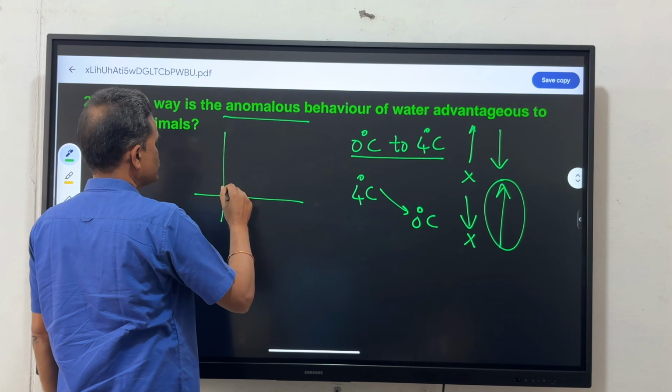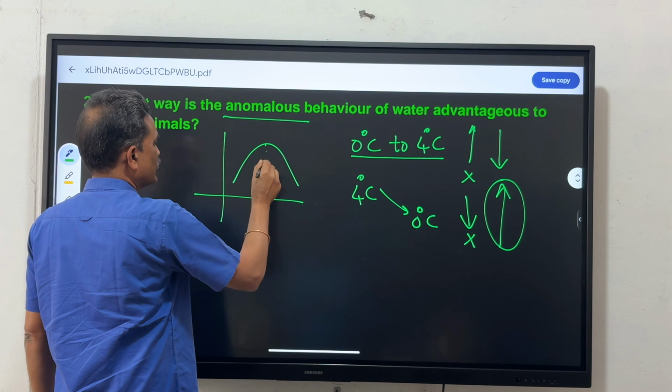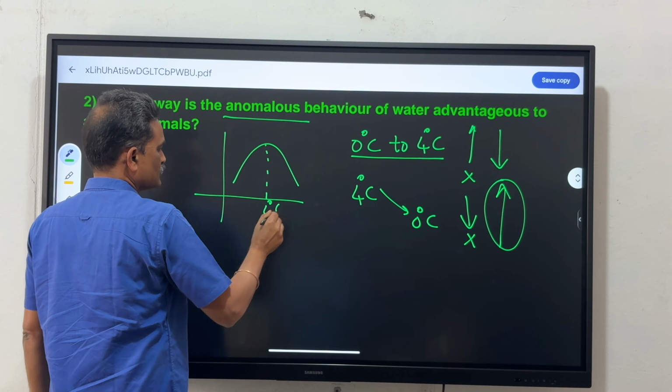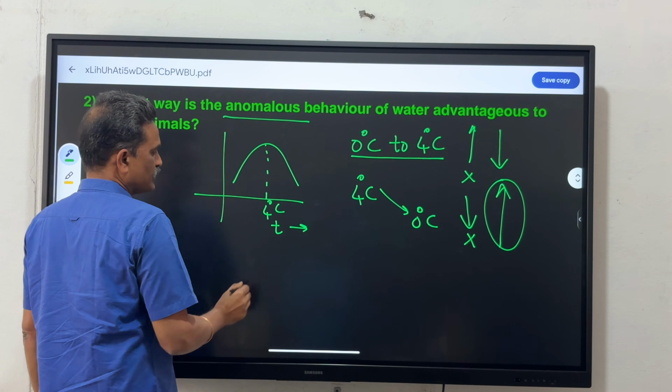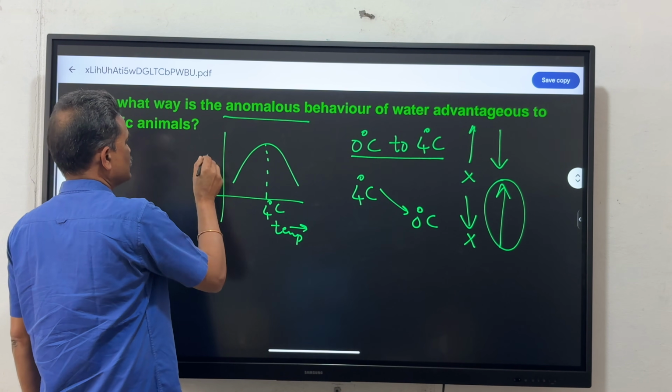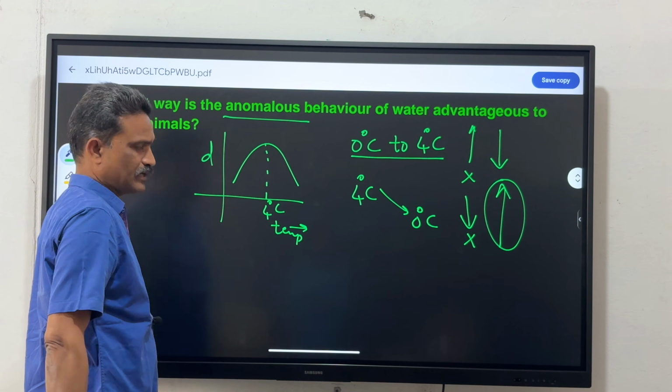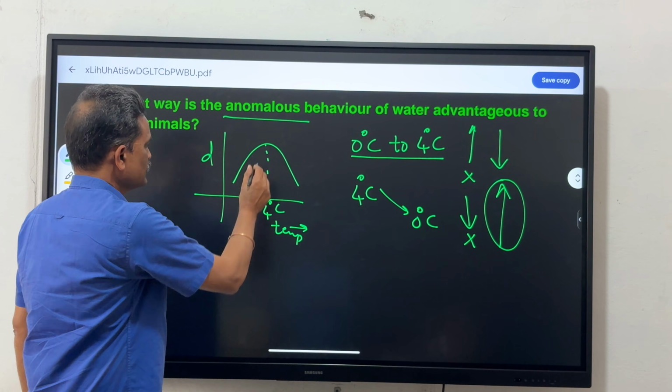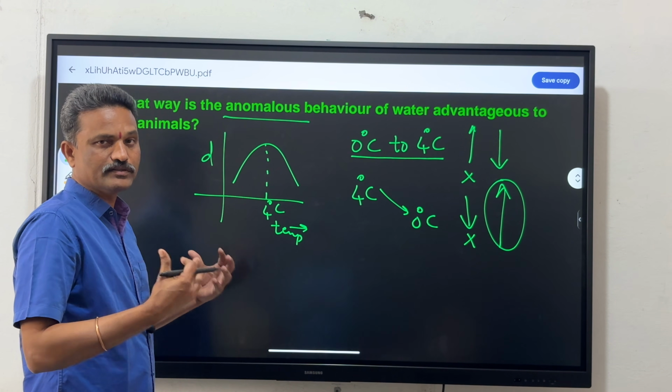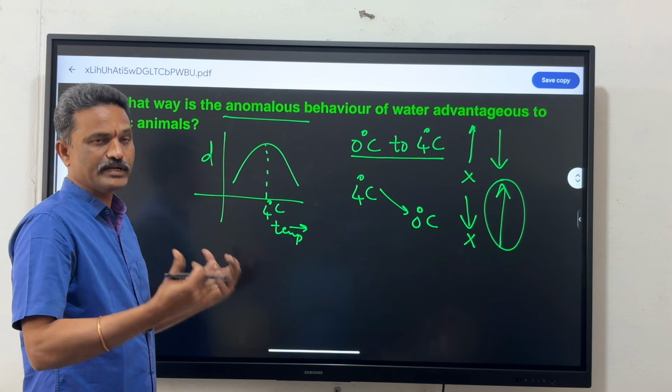Due to this, the density of water is maximum at 4 degrees Celsius. So when I draw a graph between temperature and density, it will be an inverted parabola. So water has maximum density, which means in one way it has maximum weight.